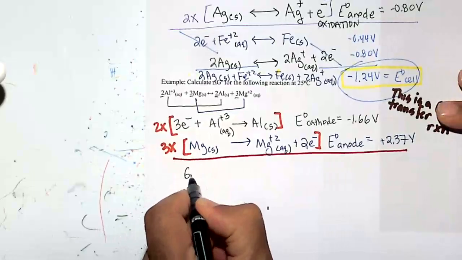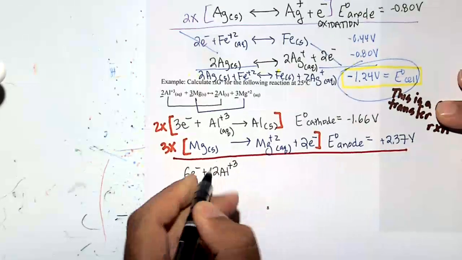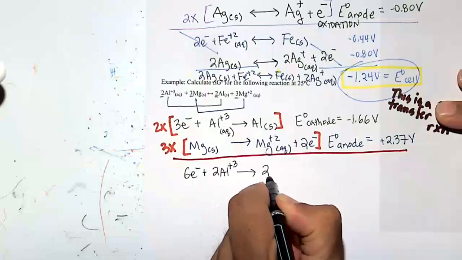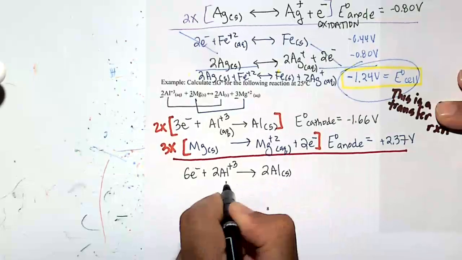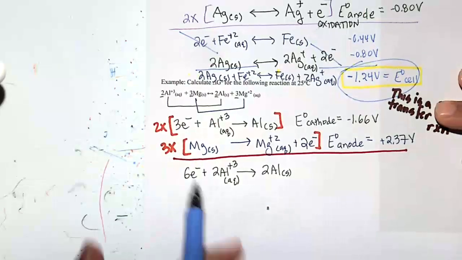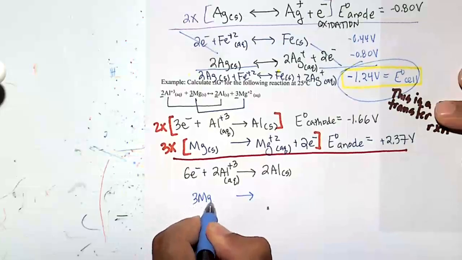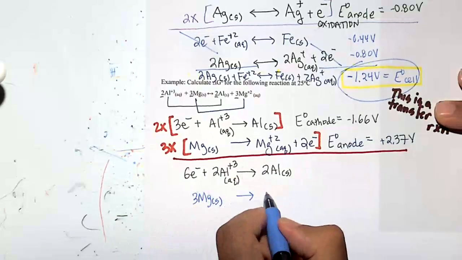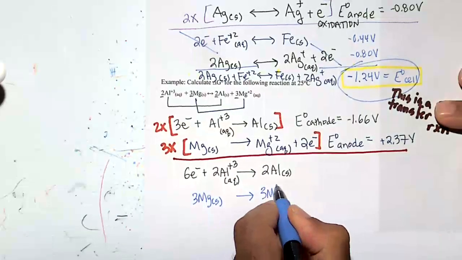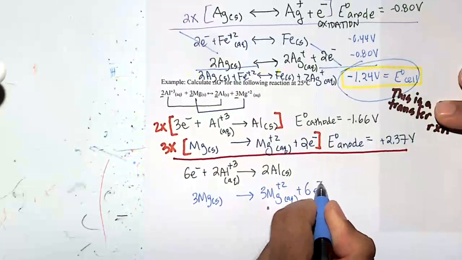Alright, so this becomes 6e minus plus 2Al plus 3 goes to 2Al solid. Three Mg solid goes to 3Mg plus 2 plus 6e minus.